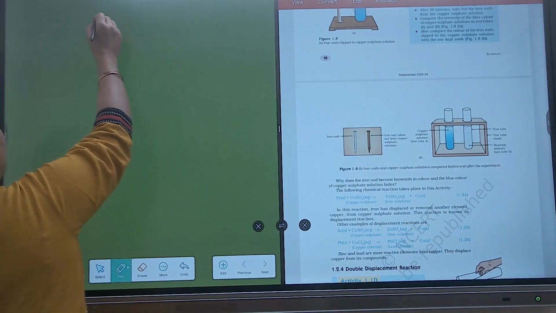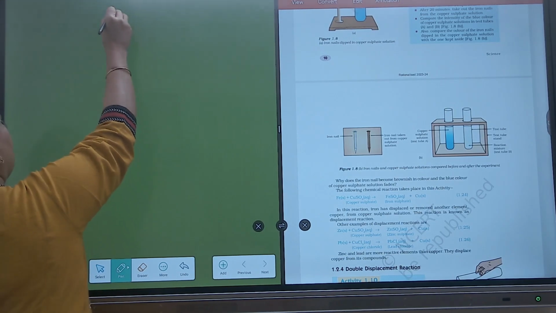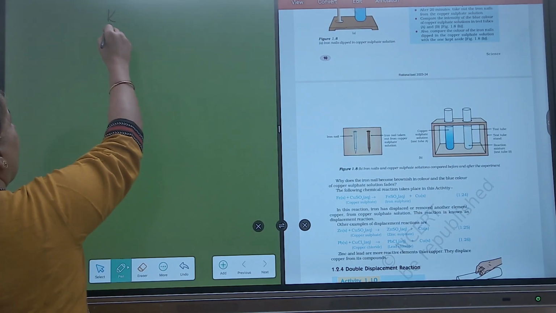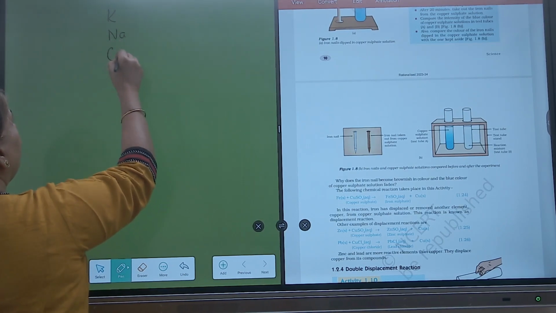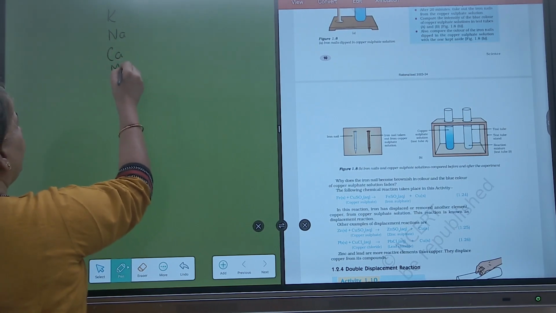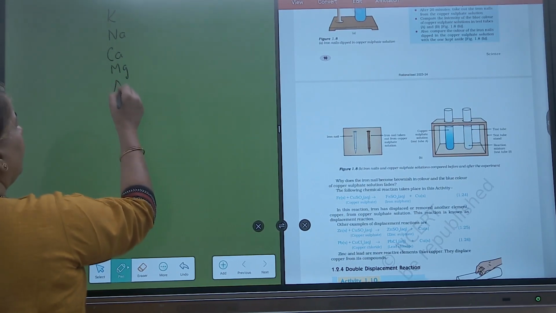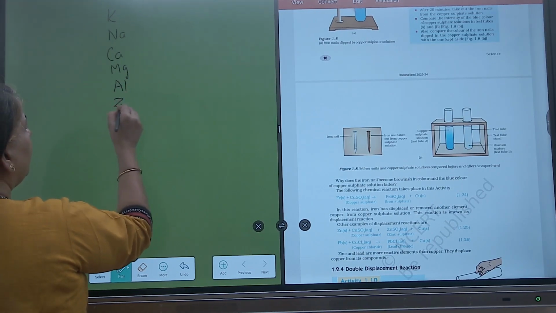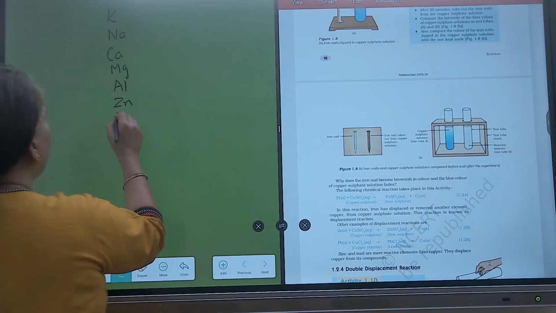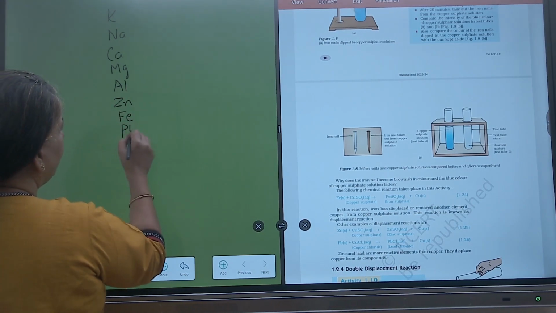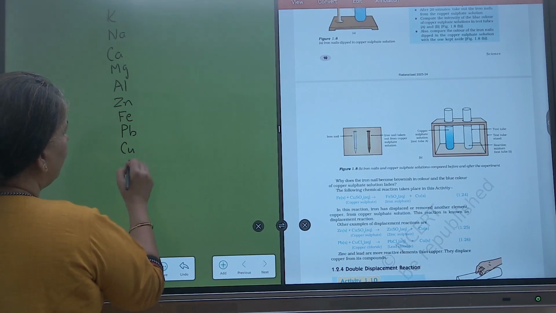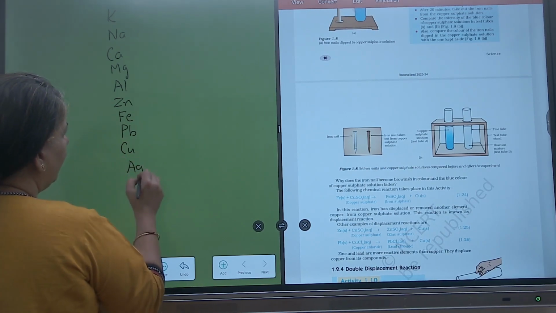In the activity series, metals are arranged in this manner: potassium, sodium, calcium, magnesium, aluminium, zinc, iron, lead, copper, silver, and gold.